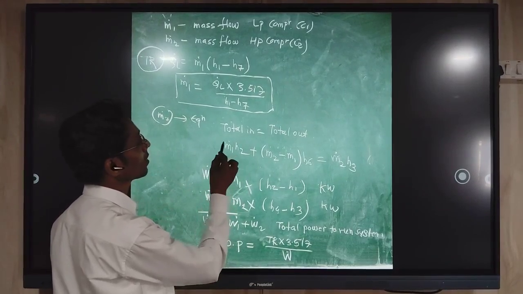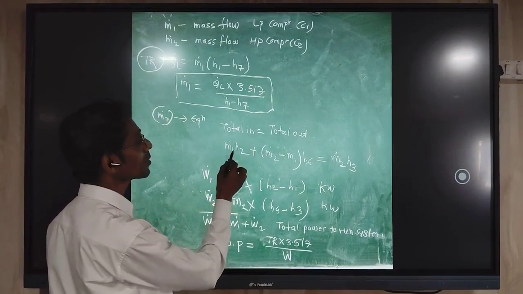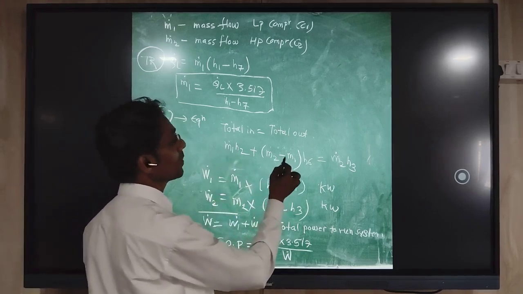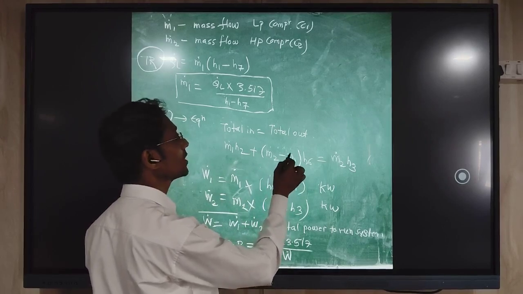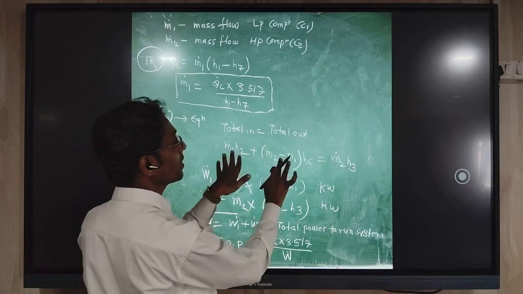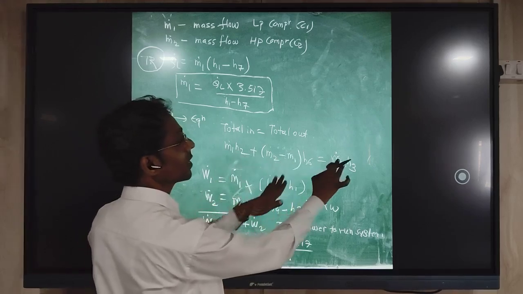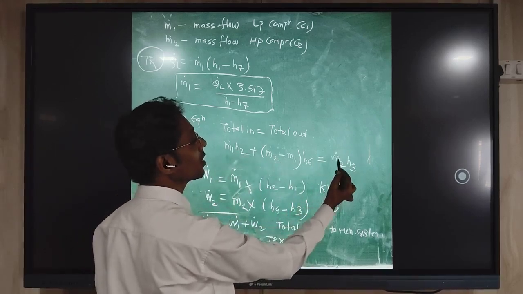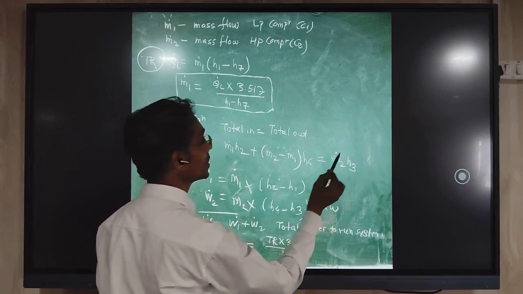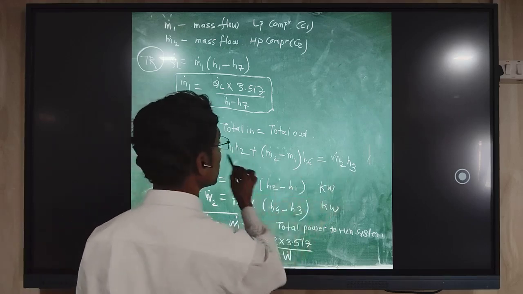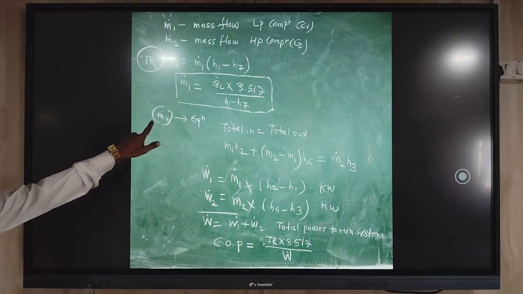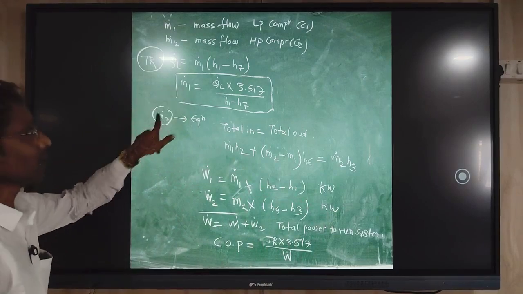We have M1 H2, the line coming from compressor 1, and the line coming from the condenser entering the flash chamber. These two are the heat content entering the flash chamber, and the heat content leaving, going to compressor 2, is M2 dot into H3. This energy balance equation is used to find mass flow rate 1 and mass flow rate 2.